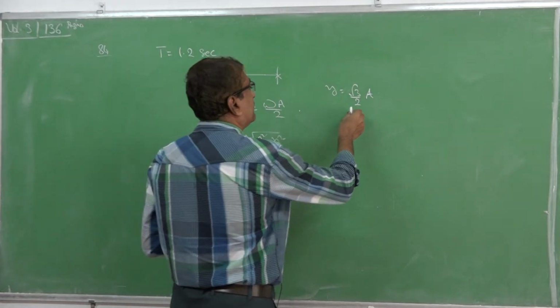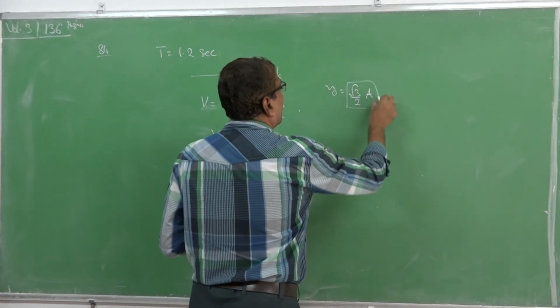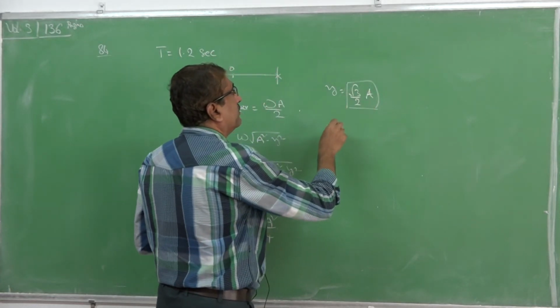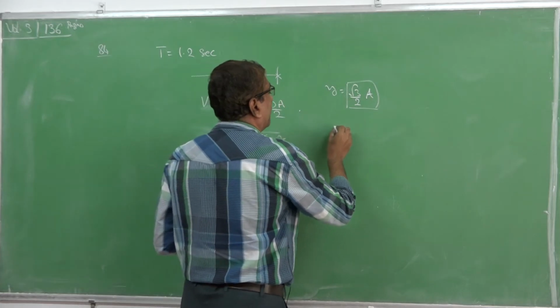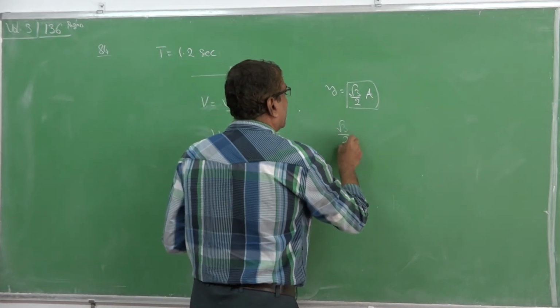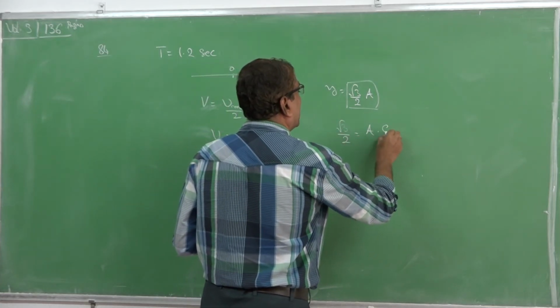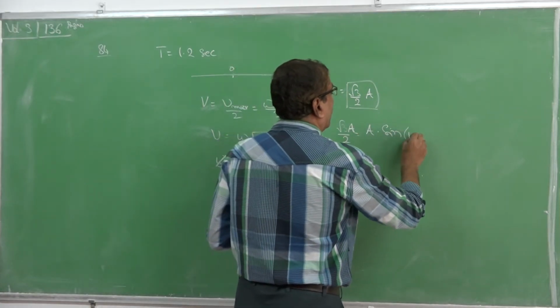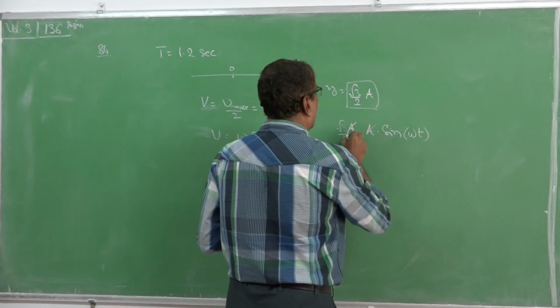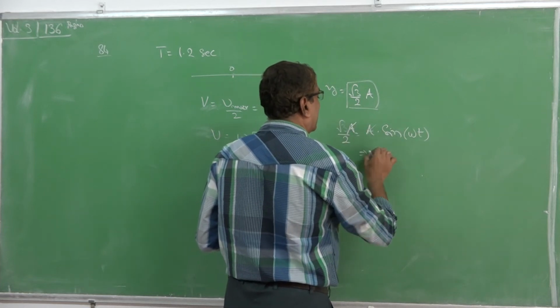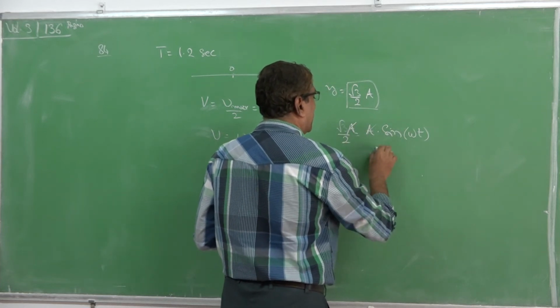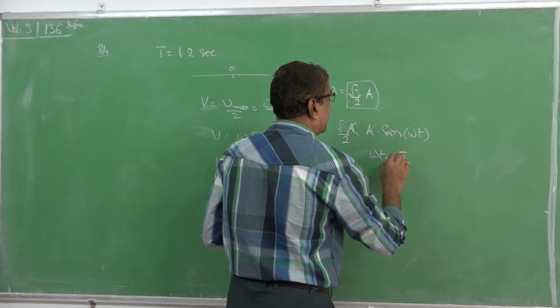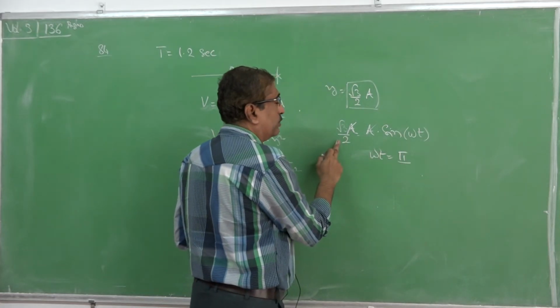Now, for which time will it be at root 3 by 2 A? So root 3 by 2 is equal to A into sine omega t. From this, omega t is equal to pi by 3, since sine 60 is root 3 by 2.